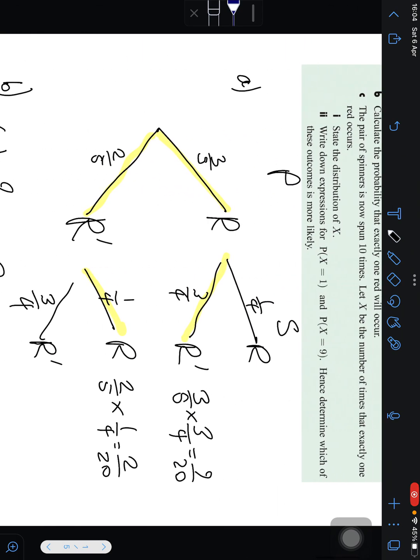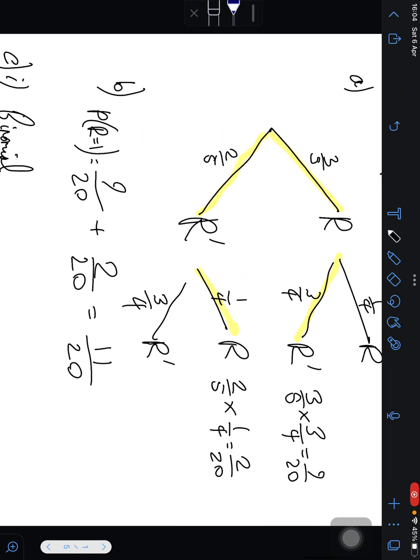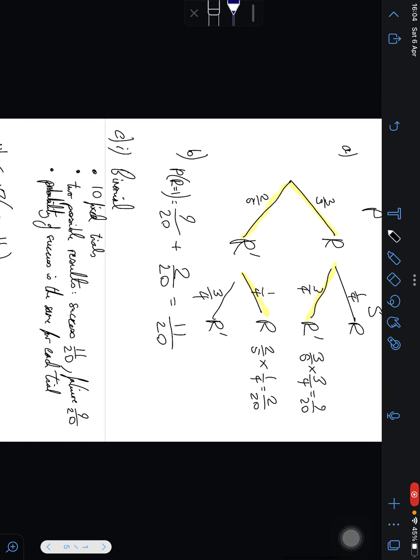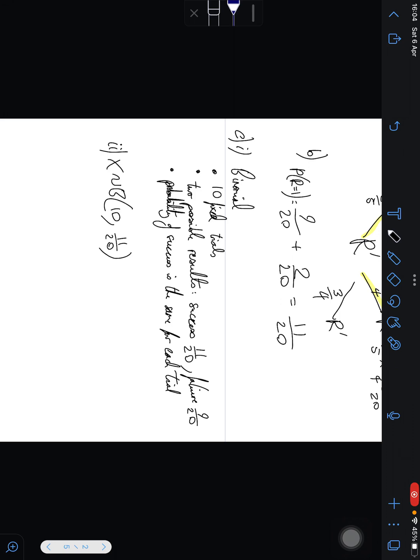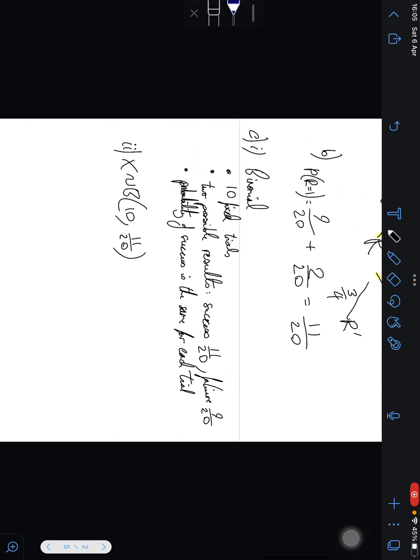The second part of that question says write down the expressions for x equals 1 and x equals 9. This is where our friend, the graphical calculator, comes in handy, though I think we can even do this without. In general, with binomial you're going to tend to use a calculator.